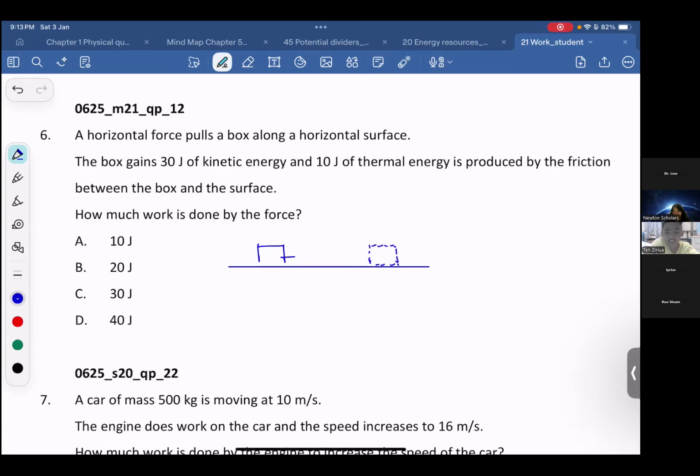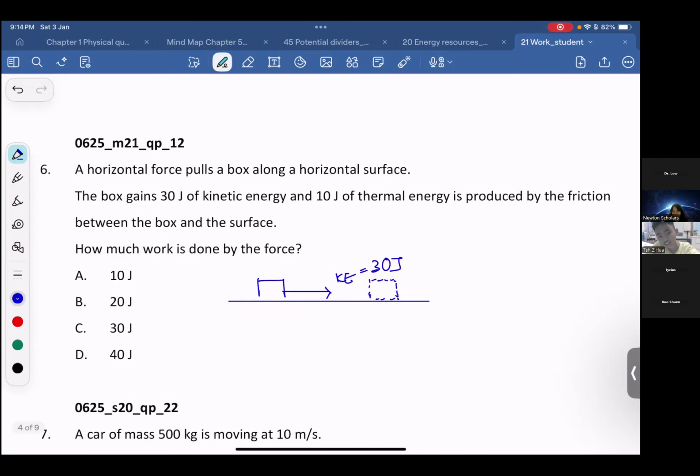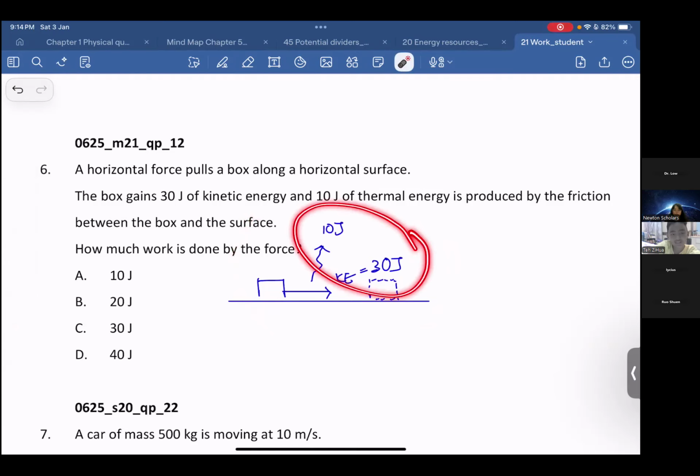Okay, so it moves. So kinetic energy is 30 joule. Okay, energy transfer is kinetic energy 30 joule. Then in between, we got 10 joule lost to the surrounding. So how much work do you have to do in order to have this effect? If you want to do the work, you need to apply 40 joule.